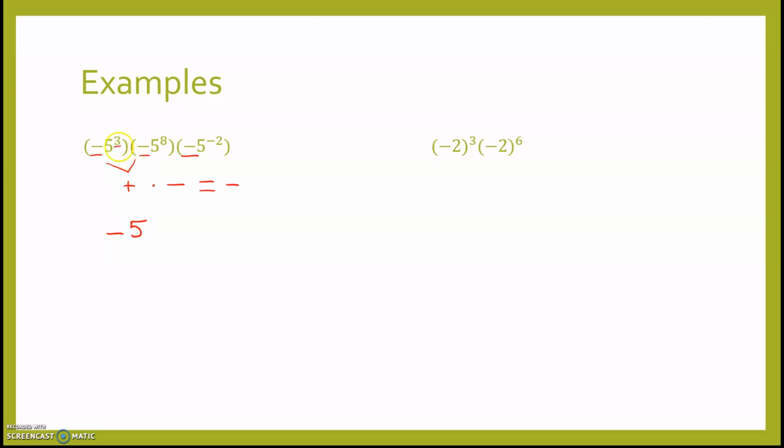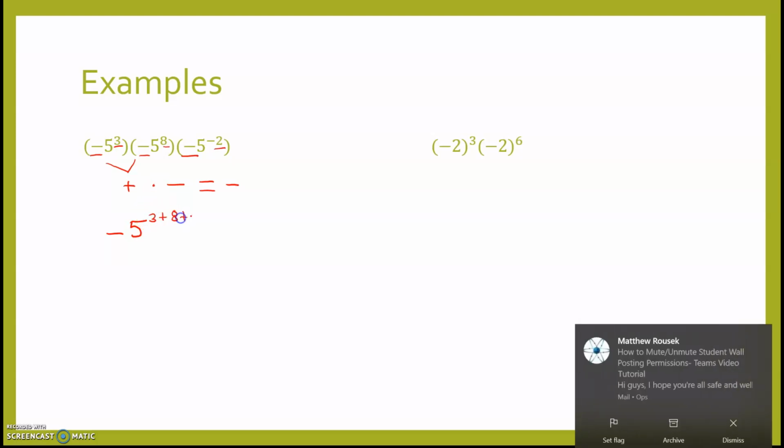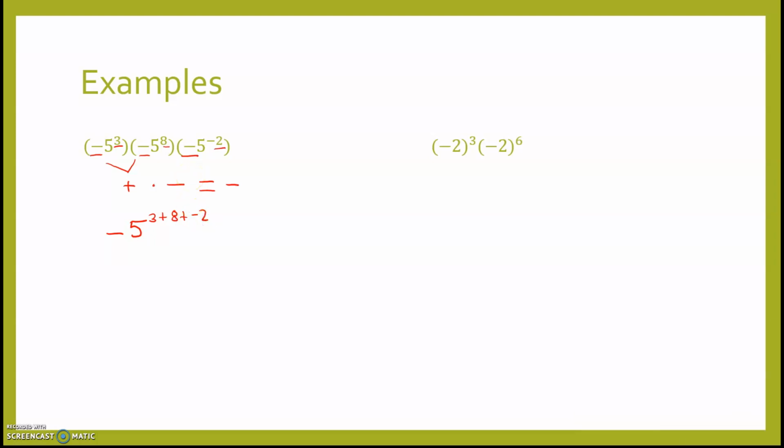You just add the exponents. 3 plus 8 plus a negative 2. So we have our negative 5 here, and then we add 3 plus 8, which is 11, minus 2, which is 9.